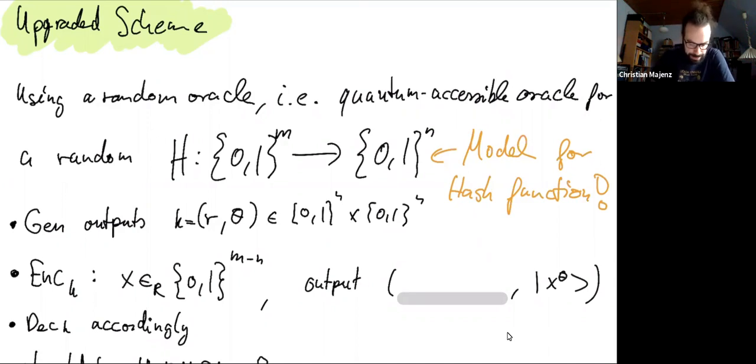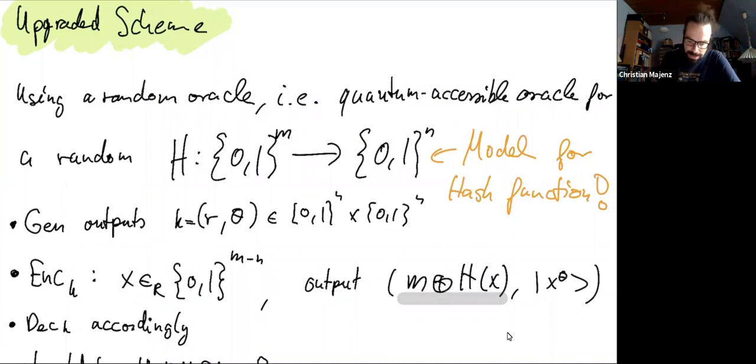Here's how it works. Key generation still just outputs two random strings, and encryption samples a random string x and outputs the BB84 encoding of x together with, again, a one-time padding of the message, but this time with the hash of x.